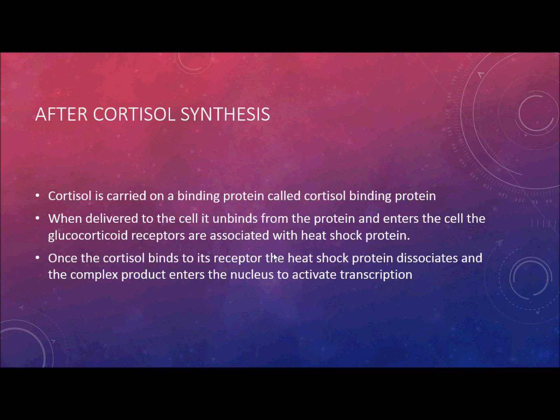So basically, it maintains the vitality of the cell. When it's bound to the receptor, the receptor is in its inactive form. And once it dissociates due to the cortisol binding process, the receptor becomes activated and becomes an important regulator for transcription activation.